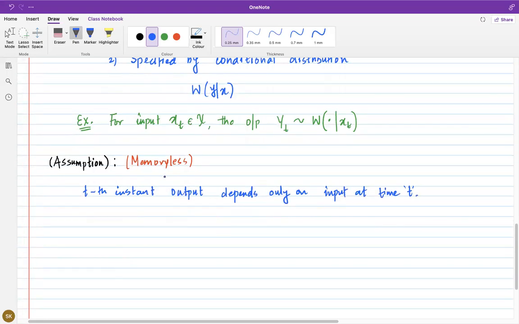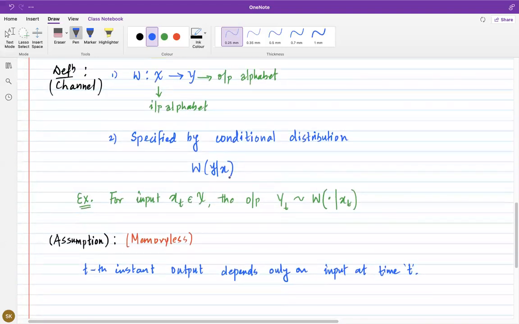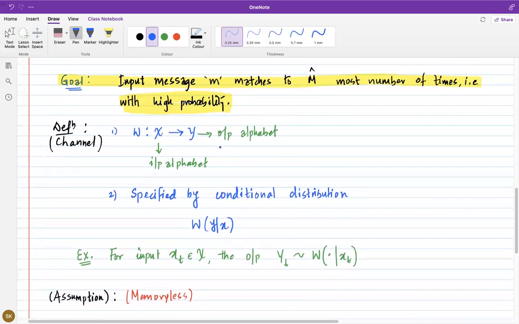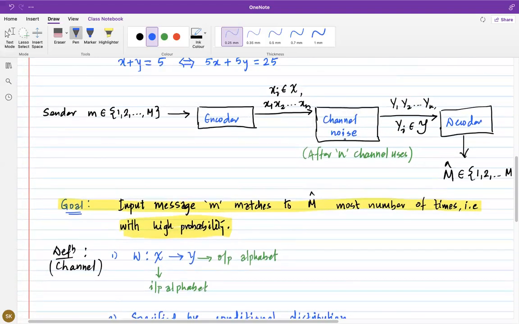And we can actually give a mathematical expression of this memorylessness: if we say that the channel is memoryless, then what condition it should satisfy. If you think a little bit, this is pretty simple. Recall that we are using the channel n number of times.